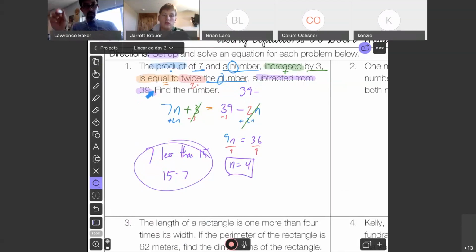We'd often write the 39 at the end because that's where it is in the sentence, but we actually have to put it at the front. This should be 8. The only way to get 8 is to do 15 minus 7. I can't do 7 minus 15. So the way we talk and the way we have to write the math are backwards. We just got to pay attention to that.